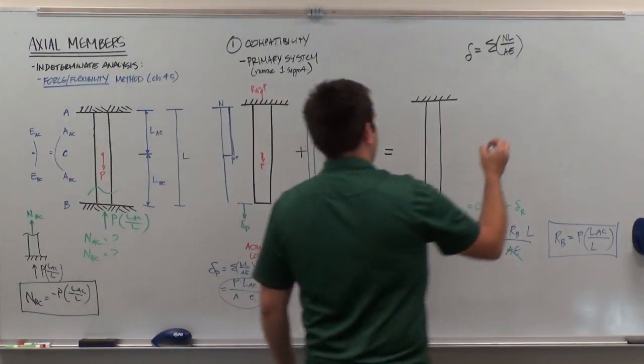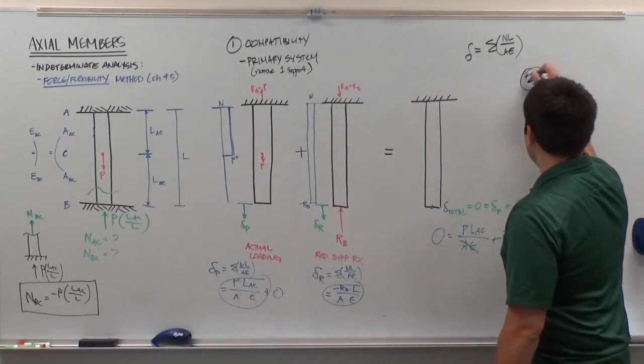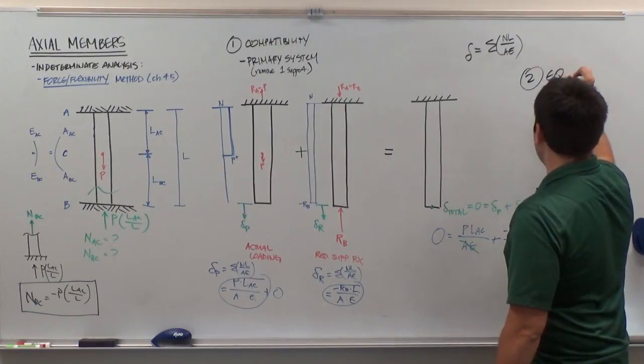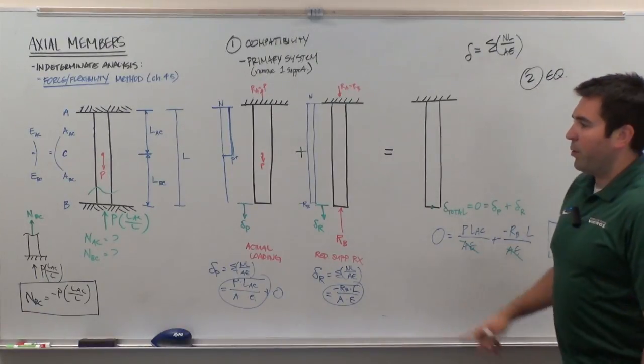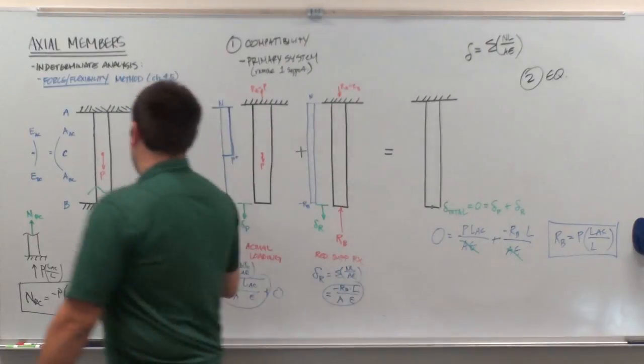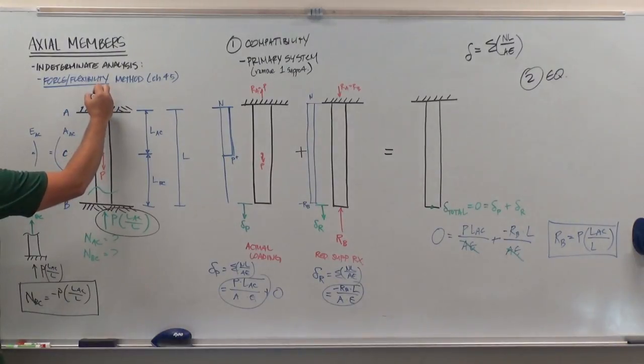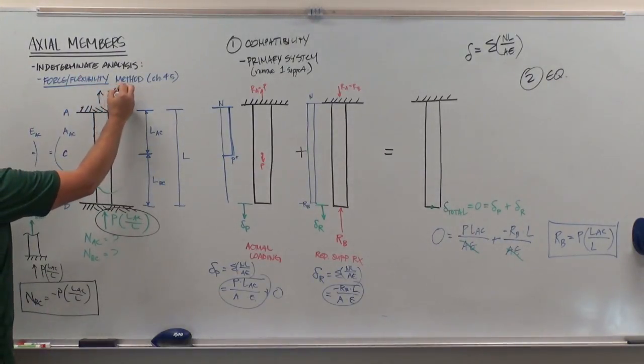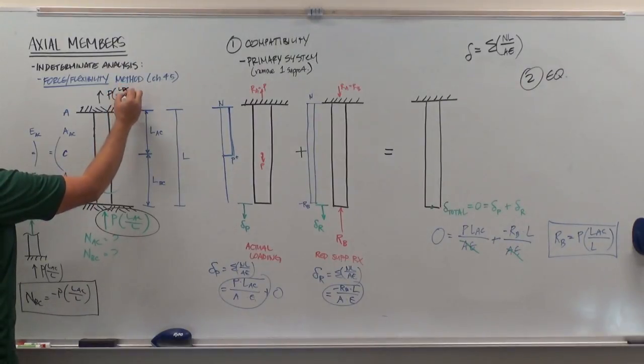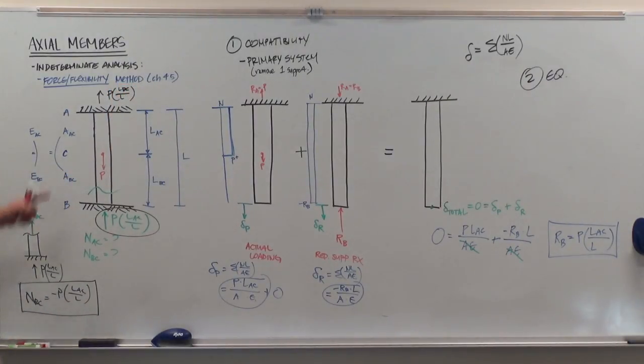And simply, step number 2 in this situation is where we start using equilibrium, but we only use equilibrium once we've gotten one support reaction, then I can solve for the other support reactions as a result. So this would be P times L sub BC divided by L. I just use statics.